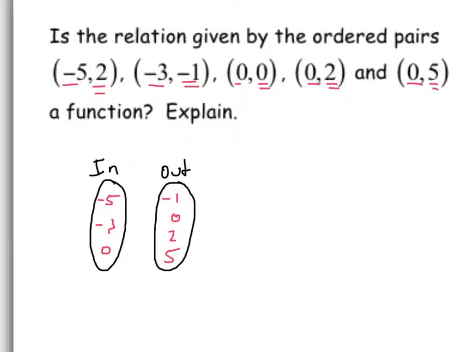Well, now all we need to do for our mapping is draw where they go. Looking at the first point, it's -5, 2. So -5 goes to 2. Second point is -3, -1. So -3 goes to -1. 0, 0. 0, 2, 0, 5. Function or not a function? Not a function.